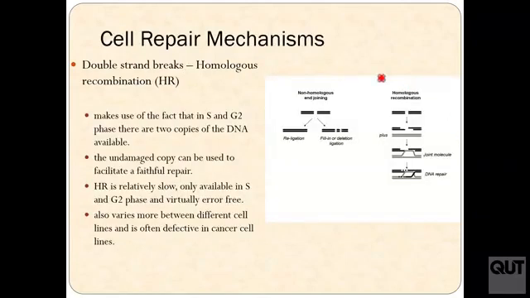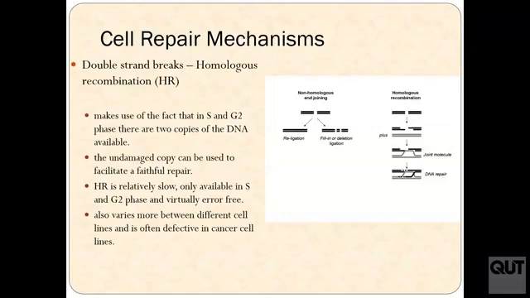For double strand breaks, there's homologous recombination. This occurs in that second checkpoint that I was talking about two slides ago. This is the point in the cell cycle where there are actually two copies of the DNA available.